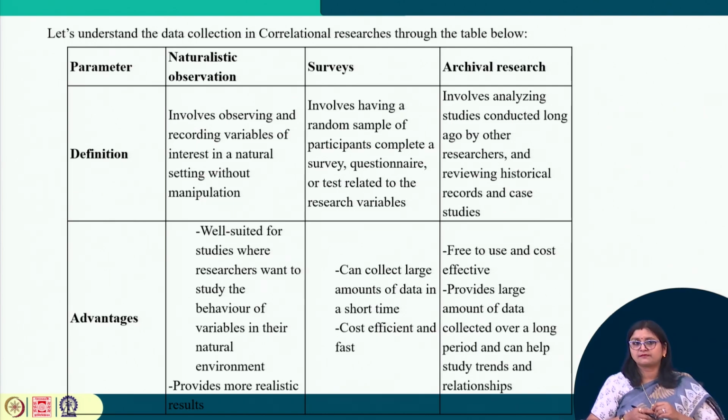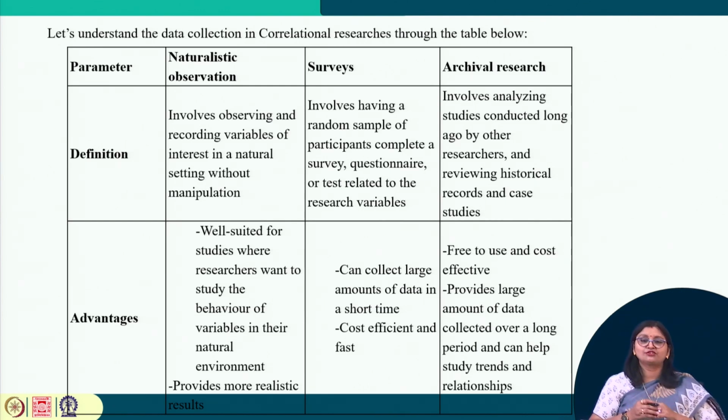So, what are the advantages of using these three types of data collection techniques in correlational research? Naturalistic observation is well suited for studies where researchers want to study the behavior of variables in their natural environment, and provides more realistic information, whereas a survey can collect a large amount of data in a short time.